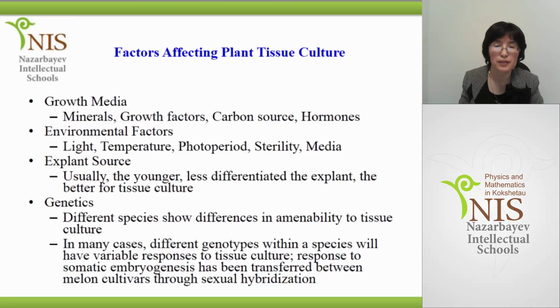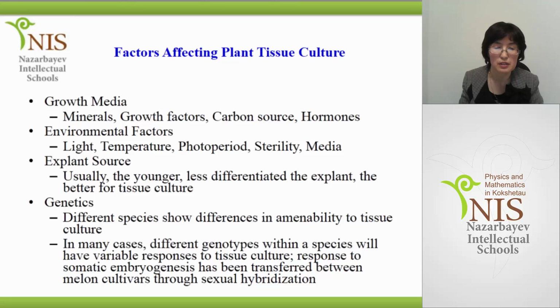And the factors affecting plant tissue culture. First, growth medium: minerals, growth factors, carbon source, hormones. Next, environmental factors: light, temperature, photoperiod, sterility, medium. Explant source: usually the younger, less differentiated the explant, the better for tissue culture.